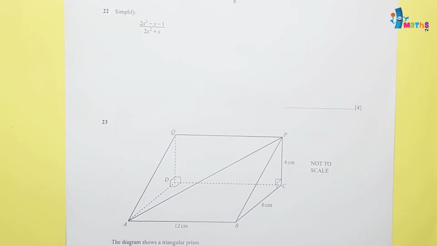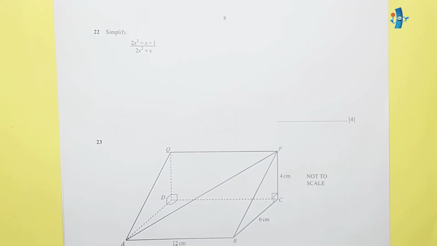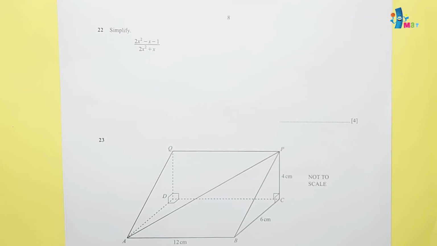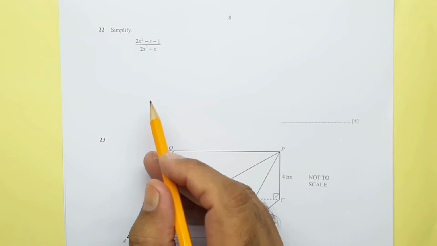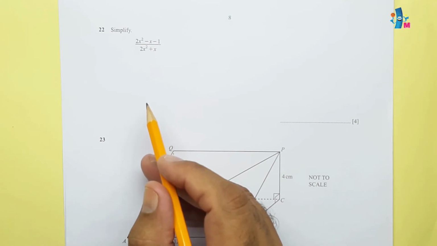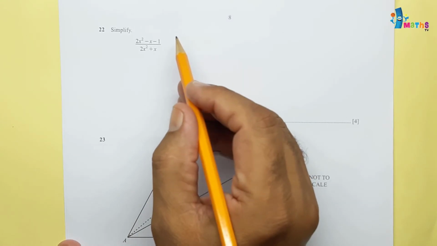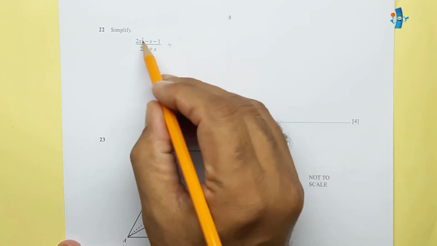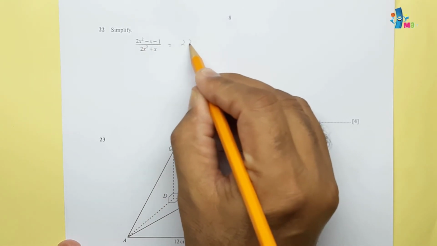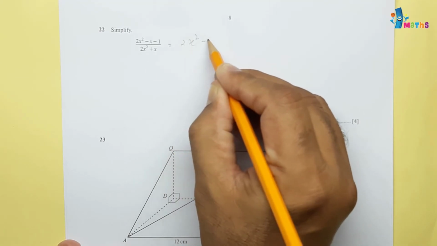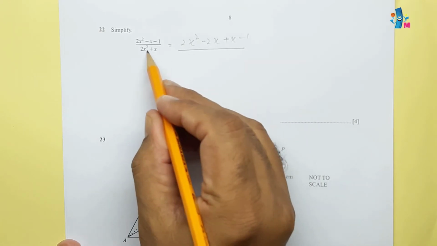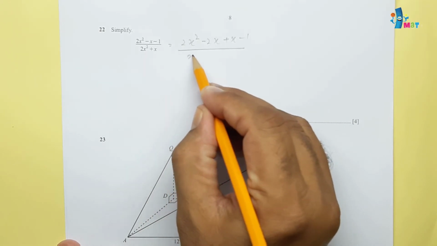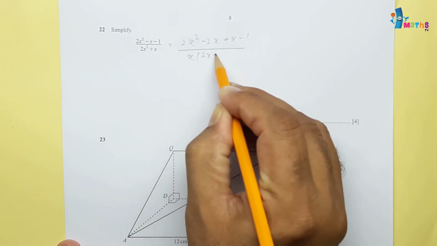Next, question number 8, it is saying simplify. To simplify this, we have to factorize the numerator and denominator both. We can write the numerator as 2x squared minus 2x plus x minus 1, divided by the denominator, where we can take x common and inside will be 2x plus 1.